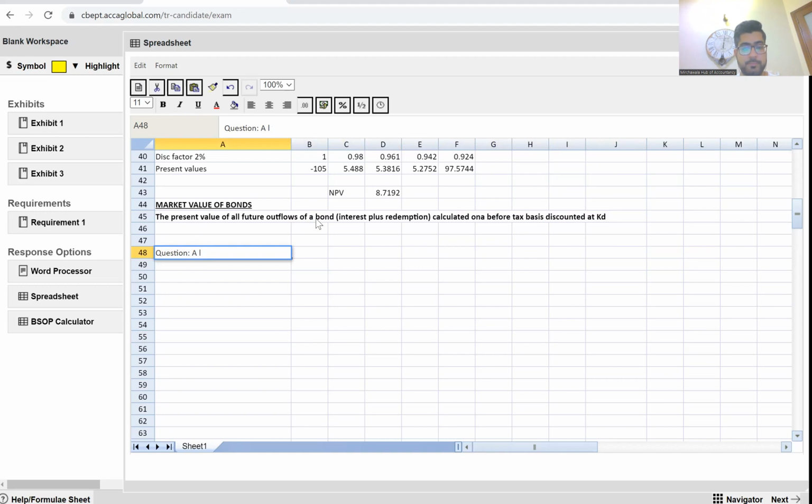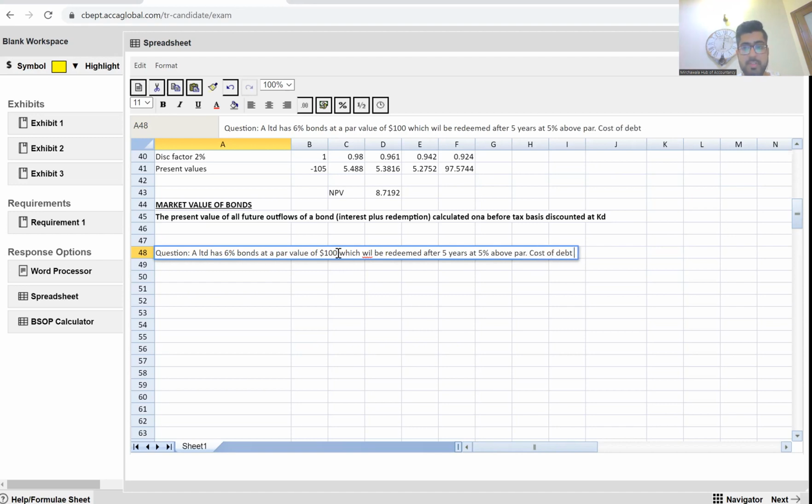A Limited has 6% bonds at a par value of $100, which will be redeemed after 5 years at 5% above par.